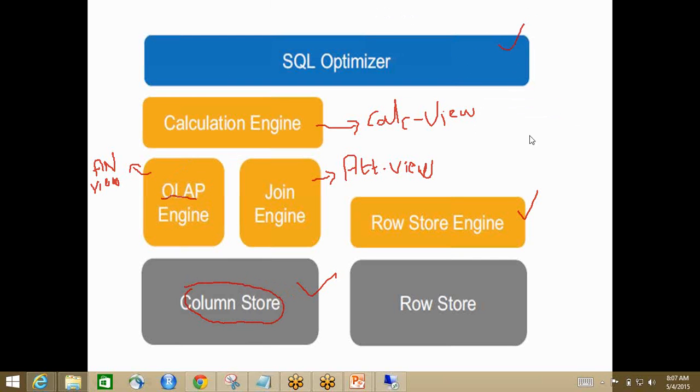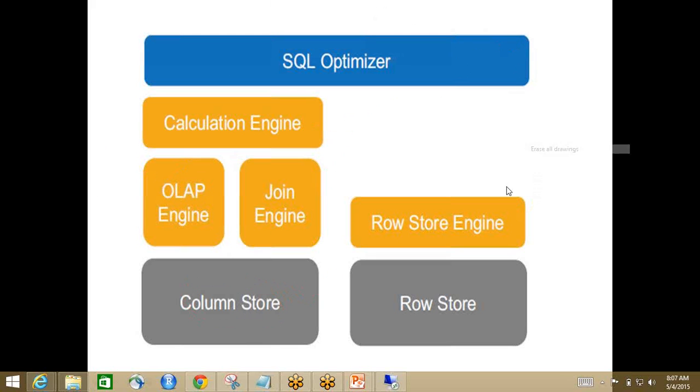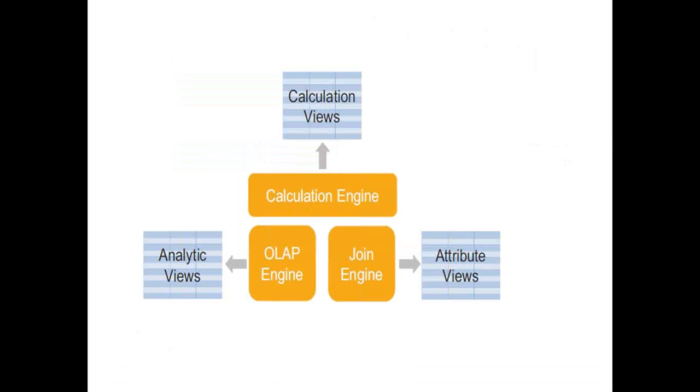If you observe all these engines, is there any separate container to hold all these engines within SAP HANA architecture? Yes. We have different kinds of architectural parts that we will see.